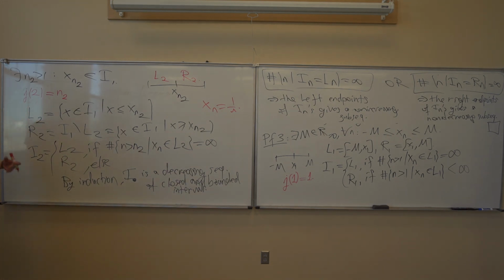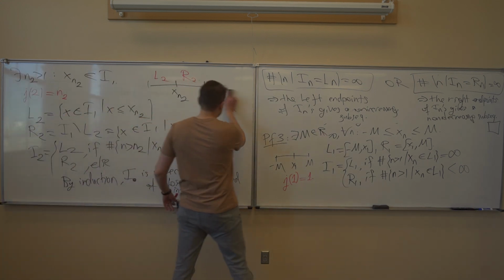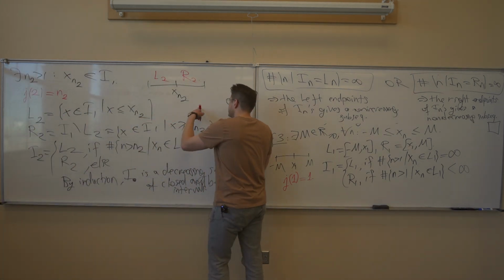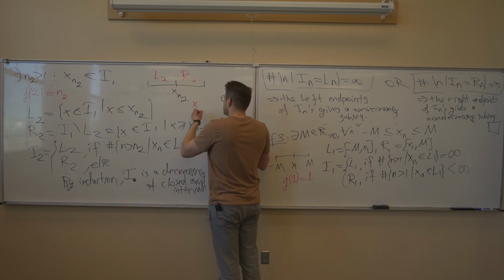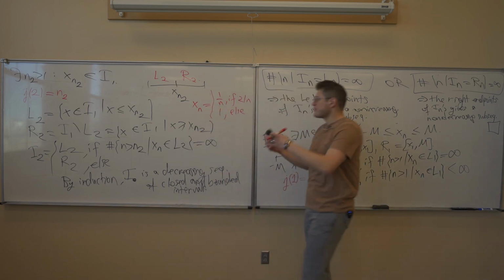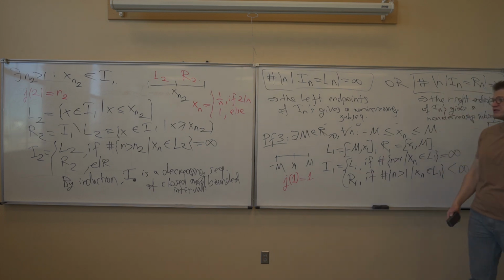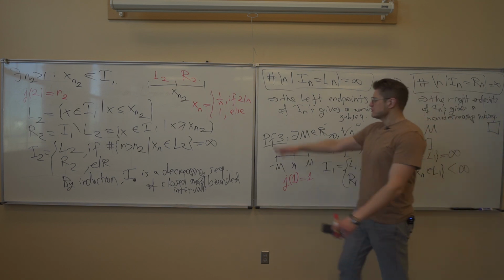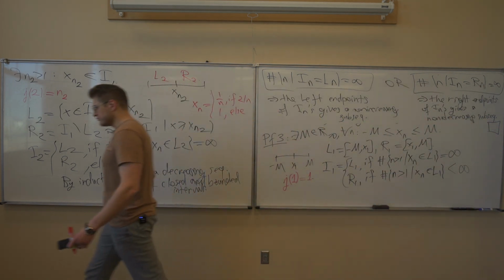So if you want, you can sort of jazz it up a little bit. You can say something like this, right? You want to take, let's say, x_n equals 1 over n if 2 divides n, or 1 otherwise. So now I've spliced two different behaviors. I've put together one constant signal and one decaying signal. Take this, run through the proof.